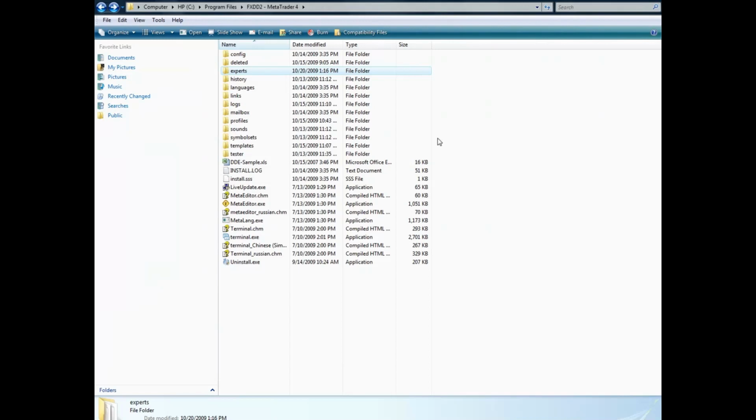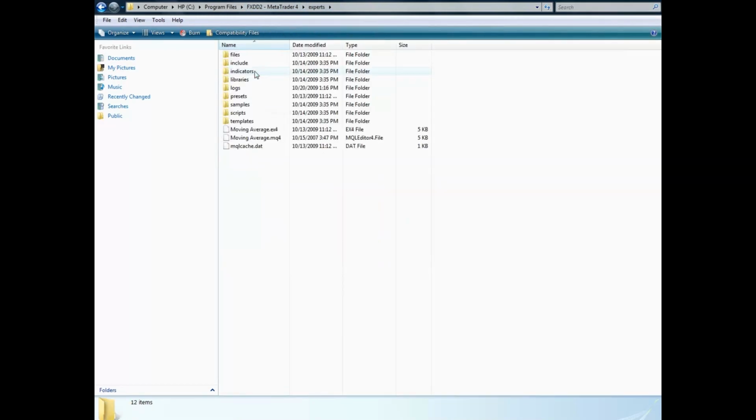You would unzip it, and what you want to do is to go inside of your MetaTrader installation in your Program Files MetaTrader directory. Then you want to go to Experts. Double click on Experts to open.